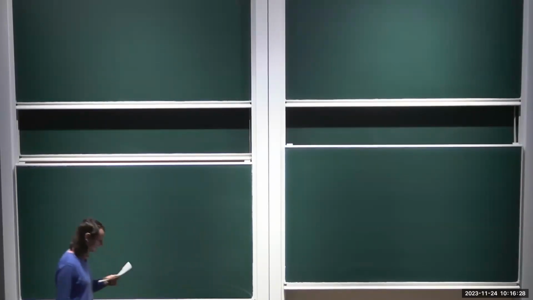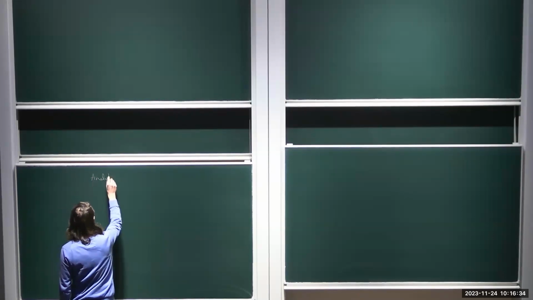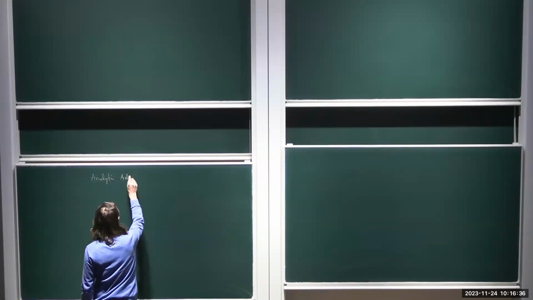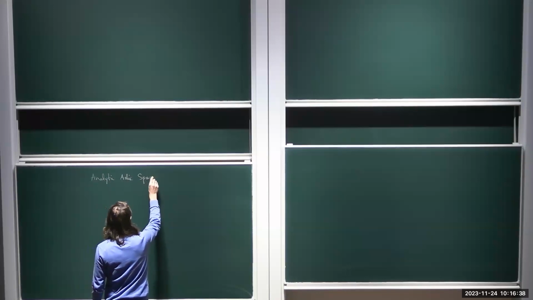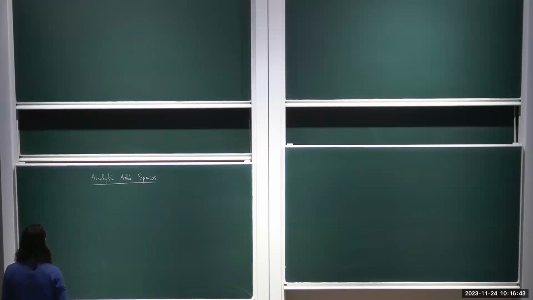Good morning. So today I want to talk about what's called analytic adic spaces. But I want to immediately point out that there is some conflict of notation, or conflict of terminology.